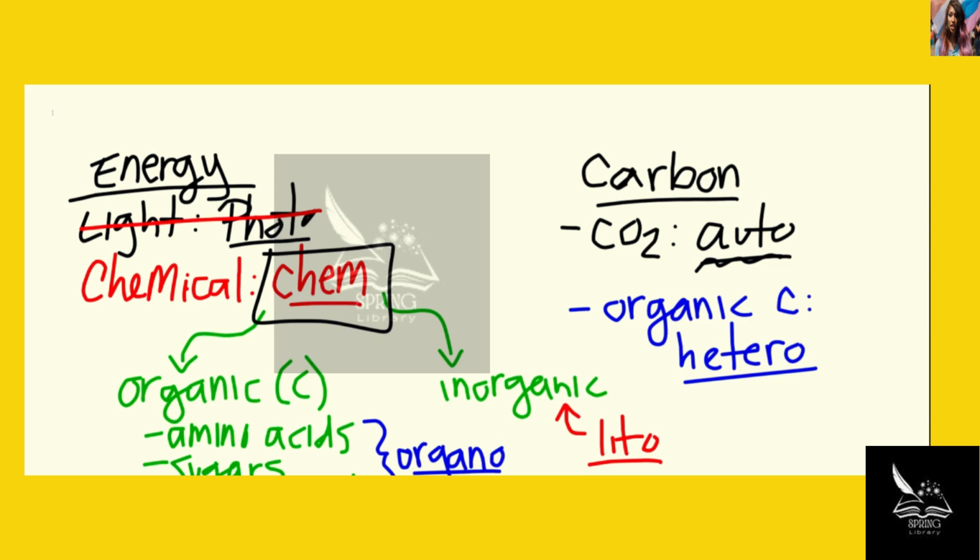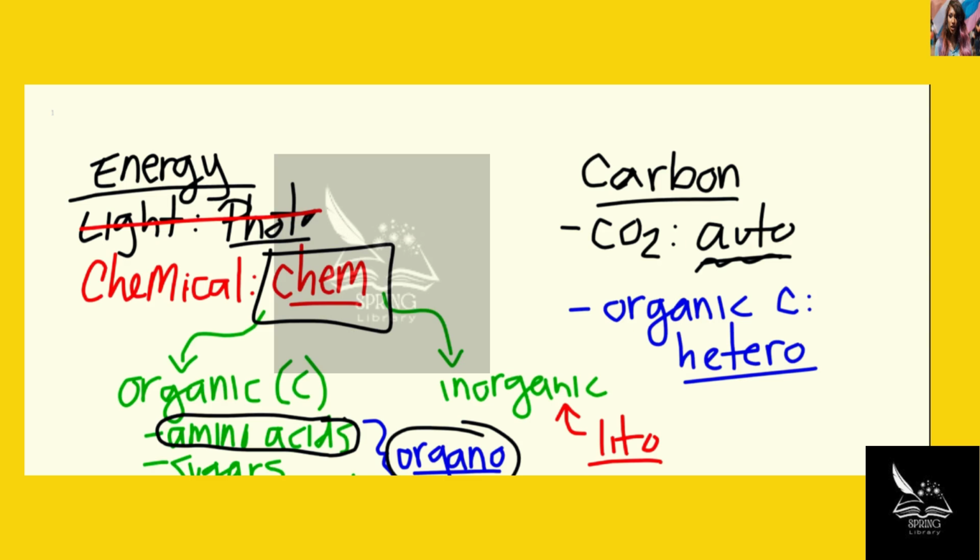And we're told more specifically that it gets it from an amino acid. Well, we know that that's a kind of organic chemotroph, so we would expect it to be an organotroph, so a chemoorganotroph.